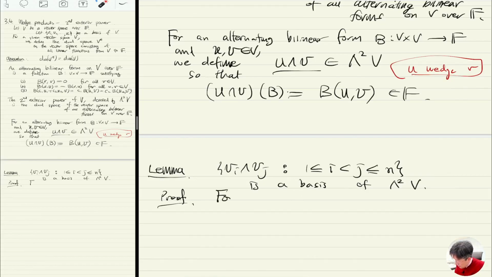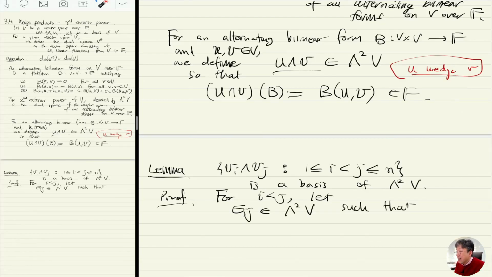For all i, j, let e_ij be the elements of the second exterior power such that... right, so how do I do that?